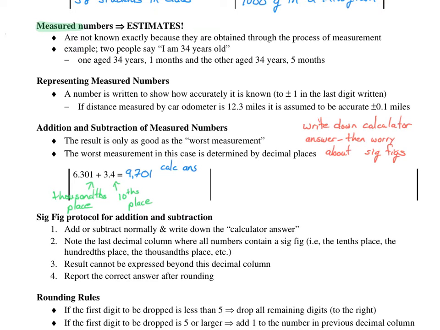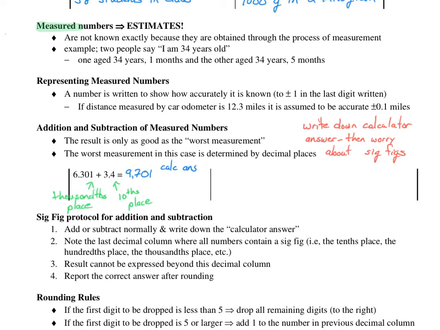So we look at our two numbers. 6.301 is estimated good to the thousandths place. 3.4 is estimated good only to the tenths place. In this example, the tenths place is our largest uncertainty. The least number of decimal places is our largest uncertainty. So when we write down our answer, we can only appropriately express it out to the tenths place.